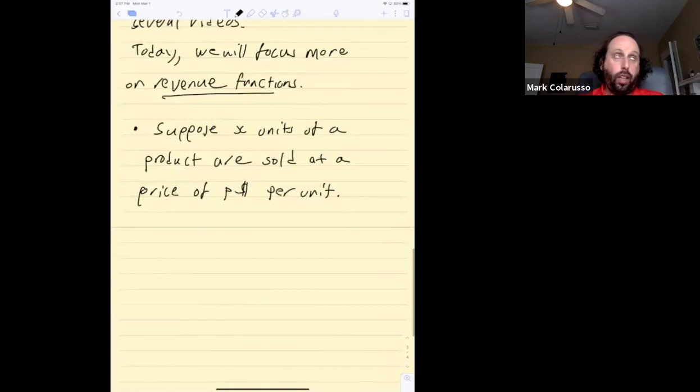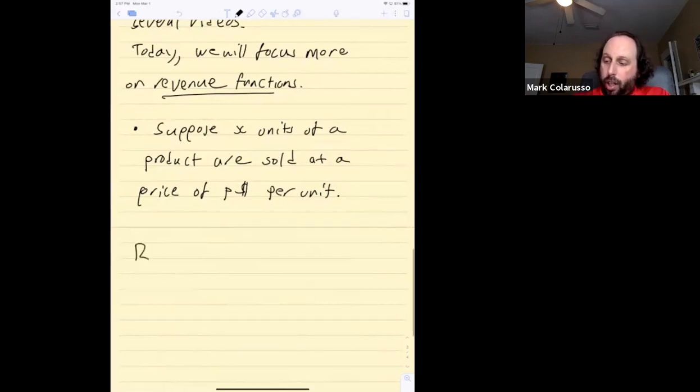Okay, so like you're selling candy bars or something, each candy bar costs $2. I don't know what they cost these days, but if you sell 100 candy bars and they each cost $2, you would expect that the revenue from that sale would be $200.